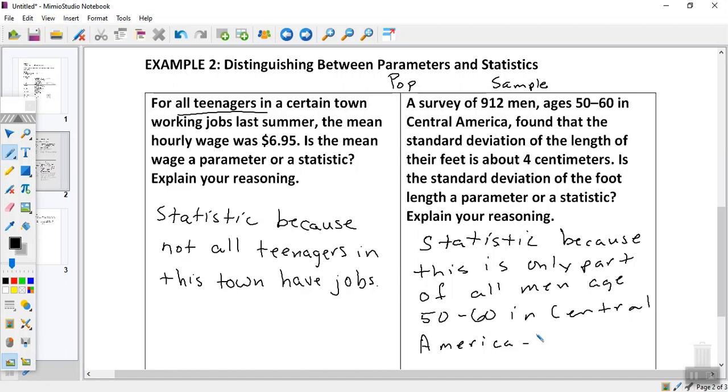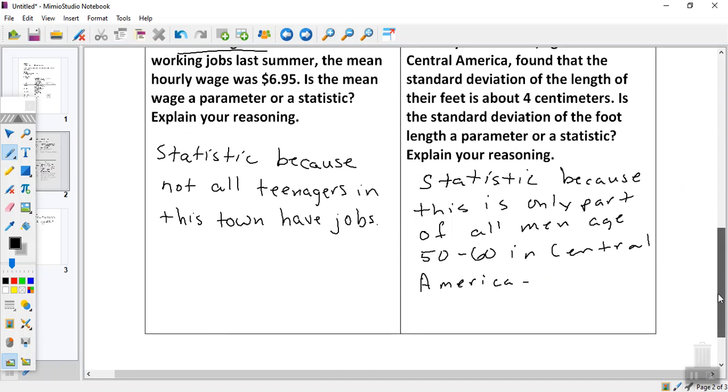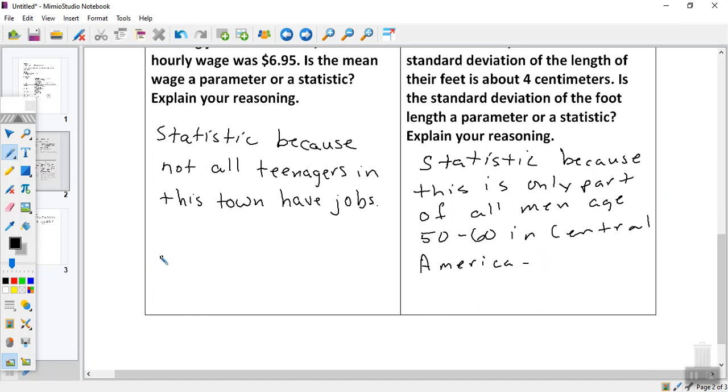Could you almost argue parameter here, thinking that my whole population is just the people that are teenagers and work at the same time? Yeah. You could, couldn't you? So I think down below here, it's kind of subjective on some of these. I also think the way you think about this could be a parameter as well. If you think about it as not all teenagers in this town have jobs, then what does it become?